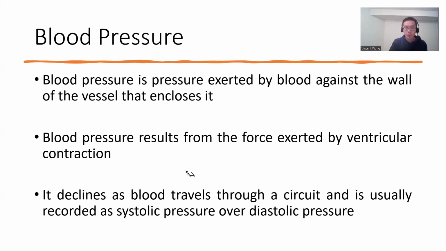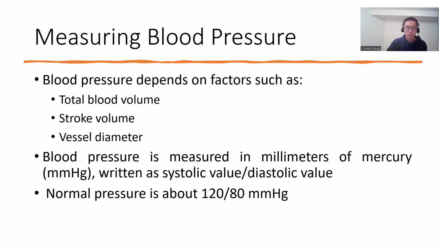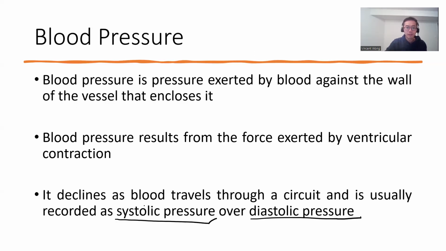So there are two pressures that we are interested in when we measure blood pressure. There's the systolic pressure and then the diastolic pressure. The systolic pressure is the pressure measured when the ventricles contract.